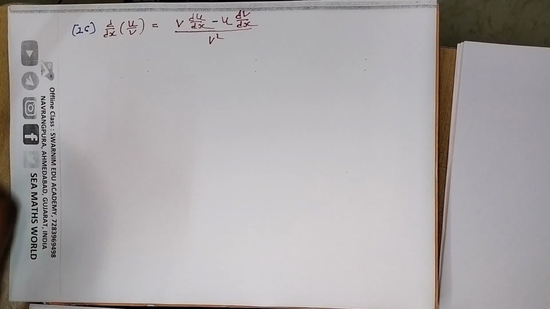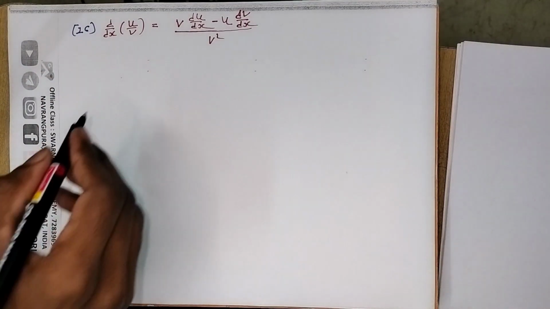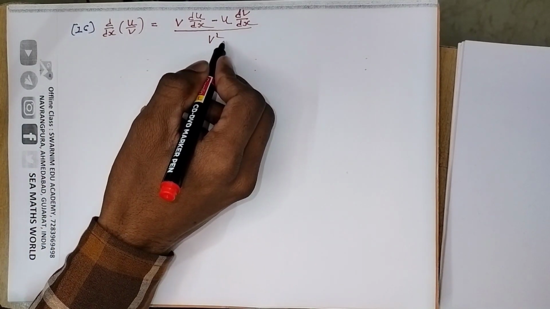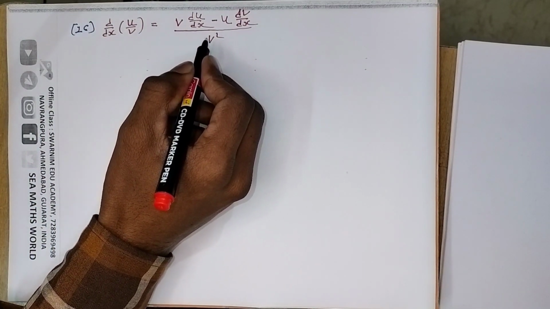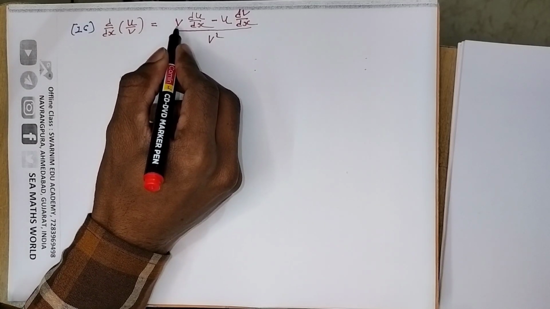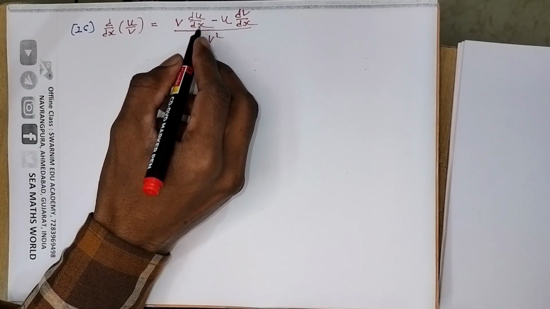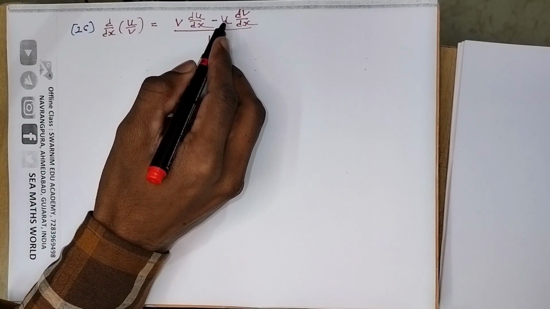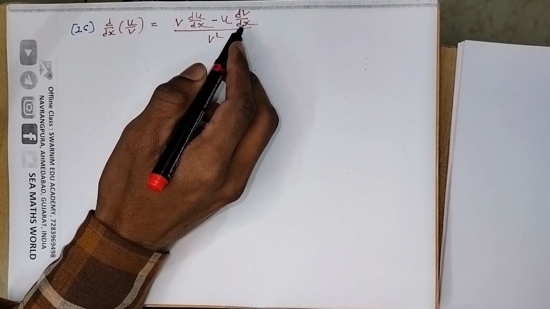Once more, whenever two terms are given in division form, do the square of the division term in division. Then put the division term as it is into the numerator and differentiate the numerator. Then minus the numerator term as it is and differentiate the division term.